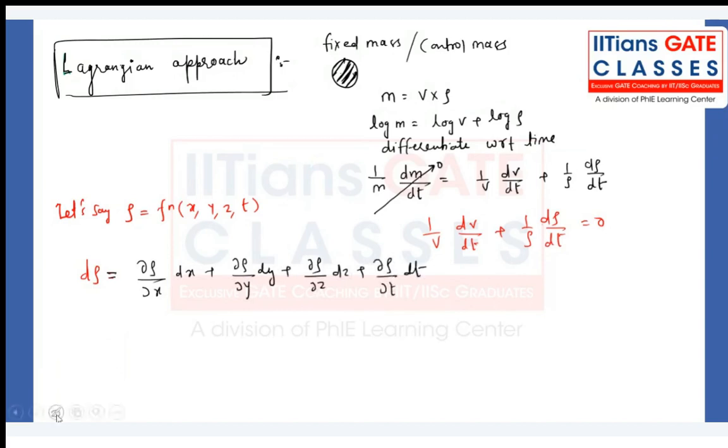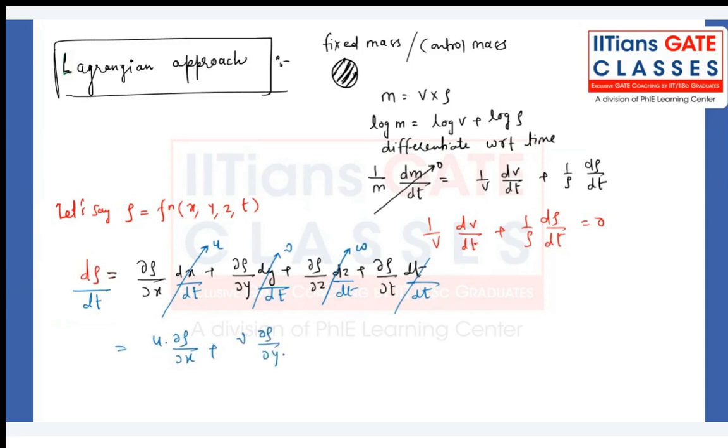Now, if I divide by dt, dx by dt is u, dy by dt is v, dz by dt is omega. So here we can write u into dou rho by dou x, v into dou rho by dou y.